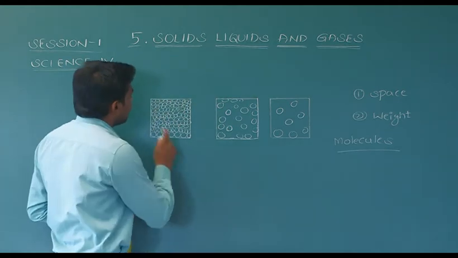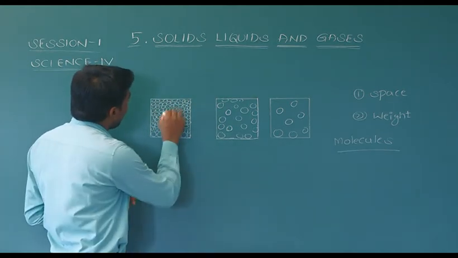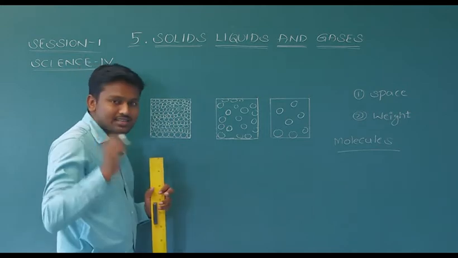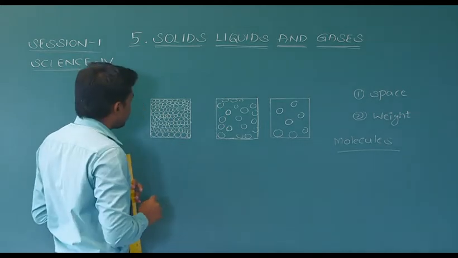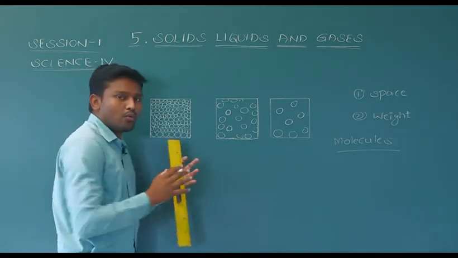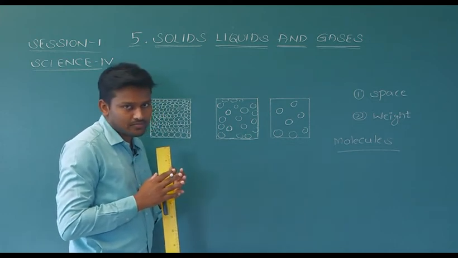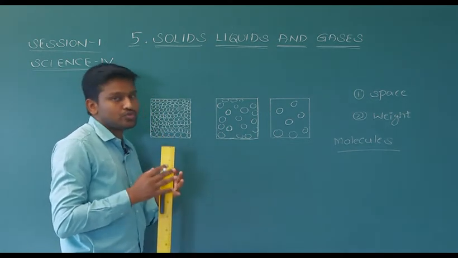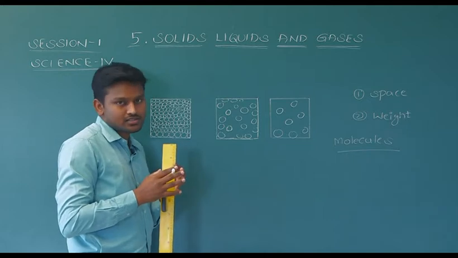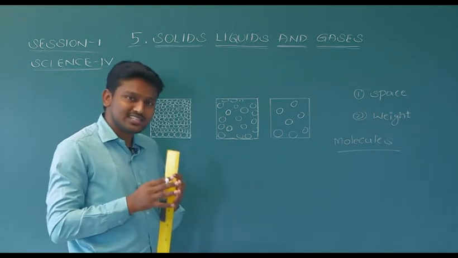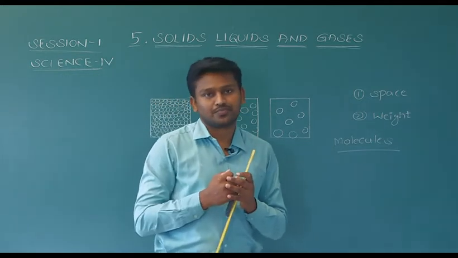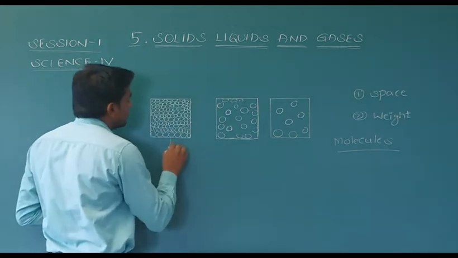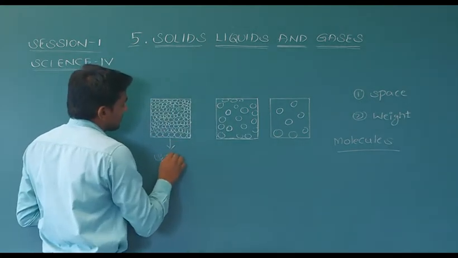The first one, here you can see that all these round shapes are molecules, and these molecules are very close to each other, and this closeness gives the rigid shape of the object, and that is why this is the solid state.